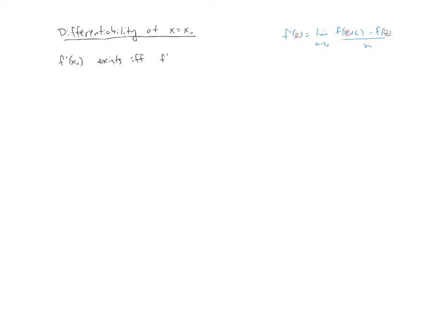f prime from the left at x naught is equal to the limit as h approaches 0 from the left of f of x naught plus h minus f of x naught all over h.